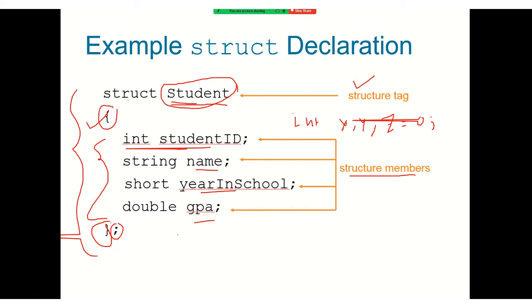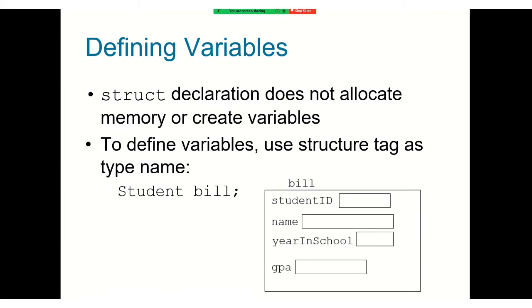The answer is no. It's just a representation, no memory by the definition. But whenever you use the struct as a data type, then you are going to book some memory in your memory structure. Always remember that.